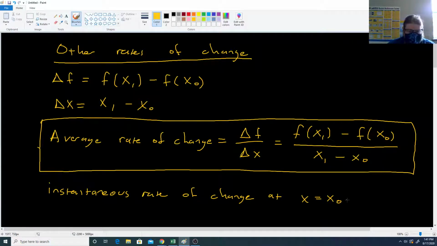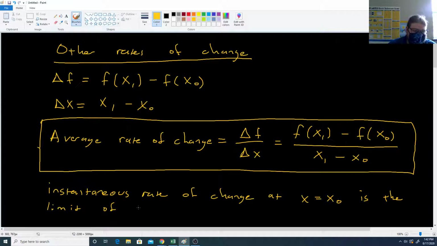Well, that would be the limit of the average rates of change over smaller and smaller intervals. So we look at the average rate of change, say start at x0, go out to a value, and as we let the value that it goes out to get closer and closer to x0, then maybe a millionth beyond it, and then a billionth beyond it, the limit of those average rates of change will become the instantaneous rate of change.